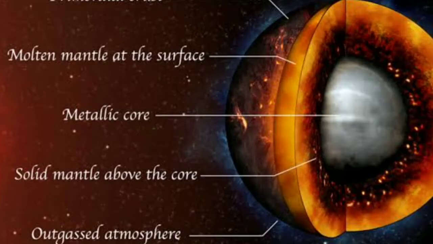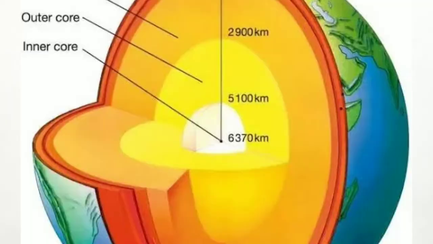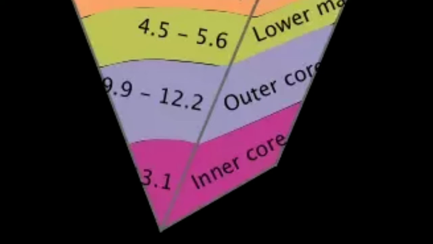Next we'll be studying about core. Core is the innermost part of our Earth. It extends from 2,900 km to 6,400 km below the surface of crust. The density of core varies from 9.9 to 13 gram per cubic centimeter.